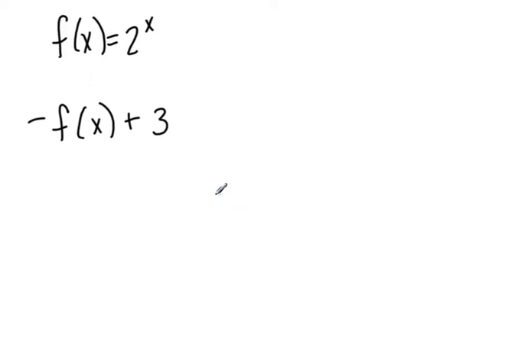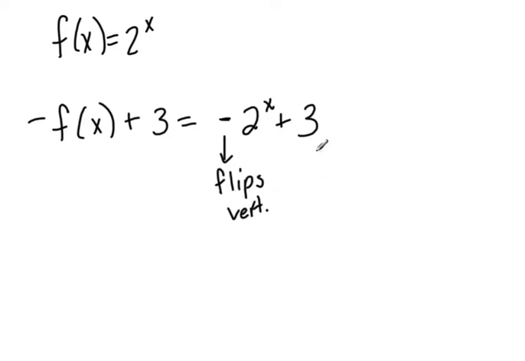So what would this one be? If I had f of x equals 2 to the x, that would mean a negative goes in front of 2 to the x, and then I would add 3. So a negative flips vertically and shifts up 3.